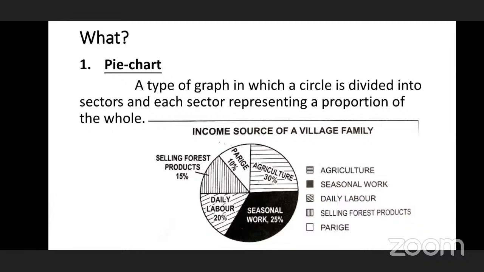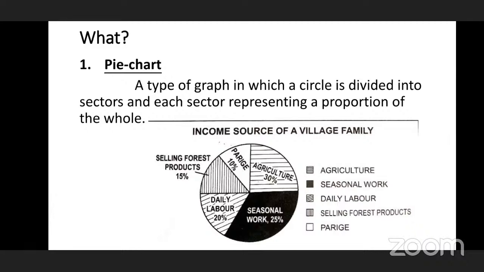One sector talks about parige, another agriculture, another seasonal work, and so on. So each sector represents a proportion of the whole. The whole is 100%. So this is what a pie chart basically means.